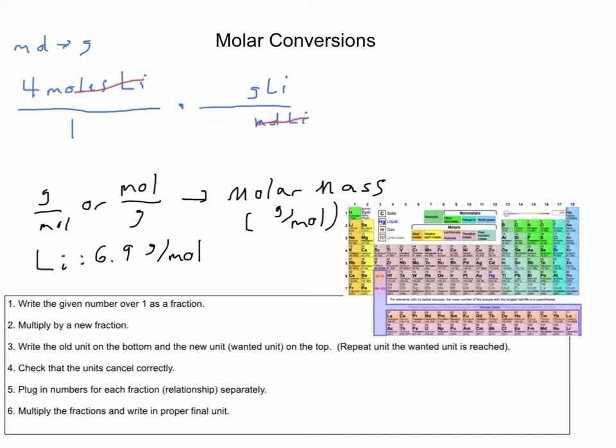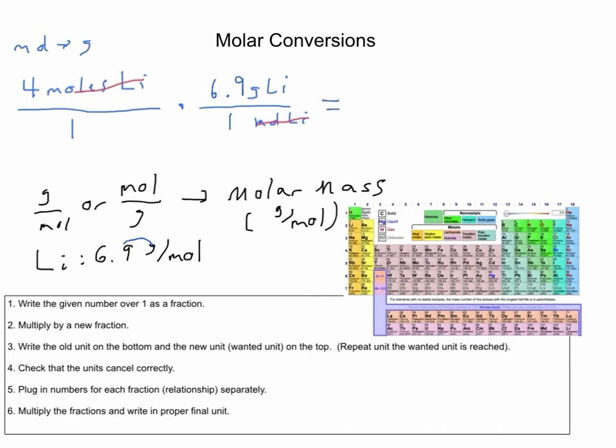Whatever unit you actually say first is what the number goes with when we do stoichiometry. So we have 6.9 grams per mole. 6.9 will go with the grams. And that's the number of grams in 1 mole of lithium.